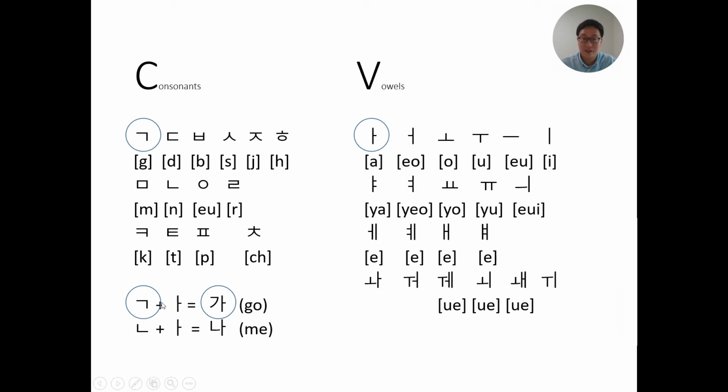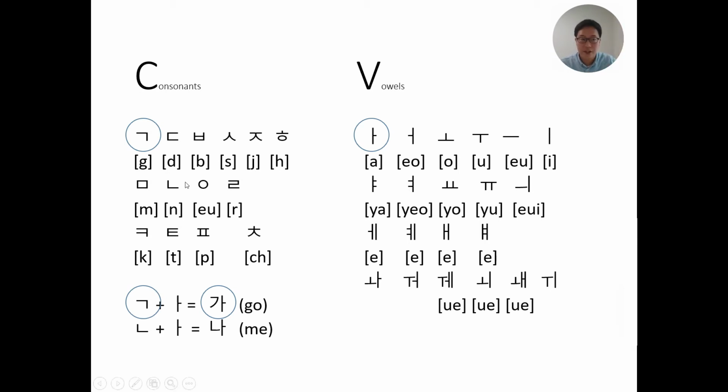No. I told you a Korean letter consists of either CV or CVC. It is just a consonant. Then I add the vowel A, K and A, and it changes into Ka. Is it a letter? It is. It is CV. Ka means go.